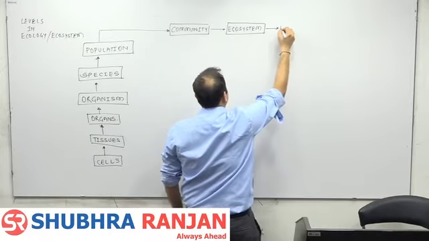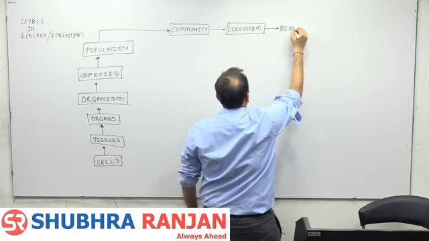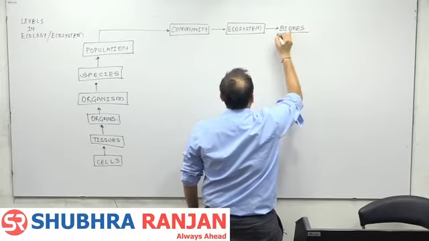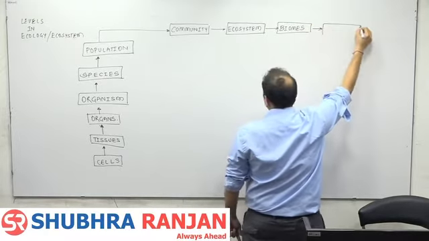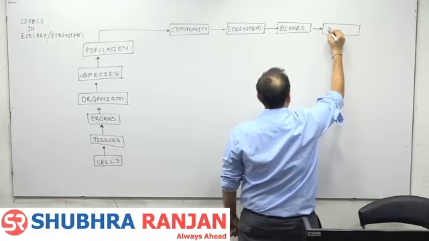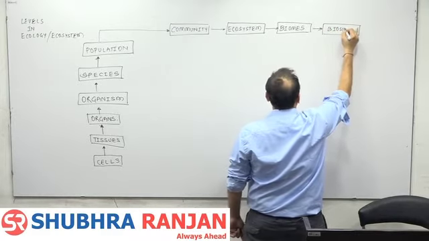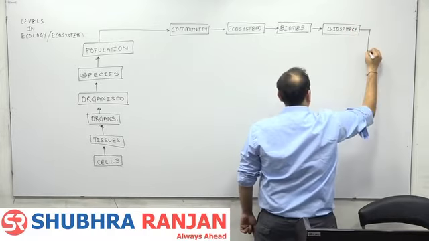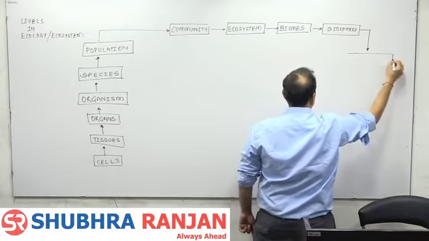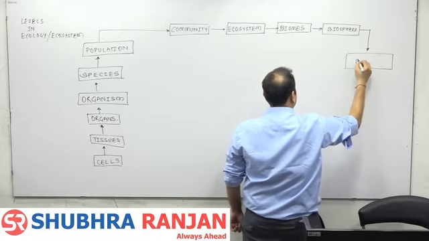Ecosystem will come under biomes. Biomes is a small part which will come under a very smaller part which will support life, that is biosphere. Biosphere will come under Earth.